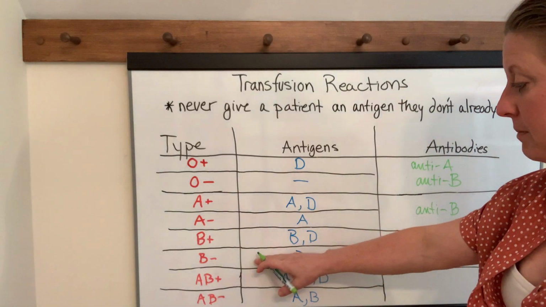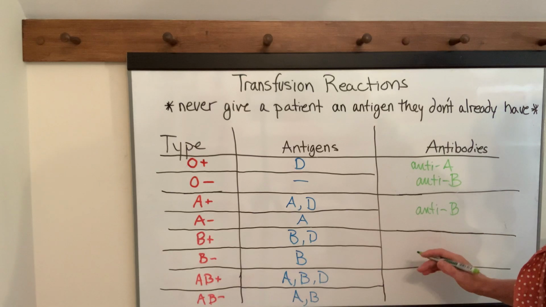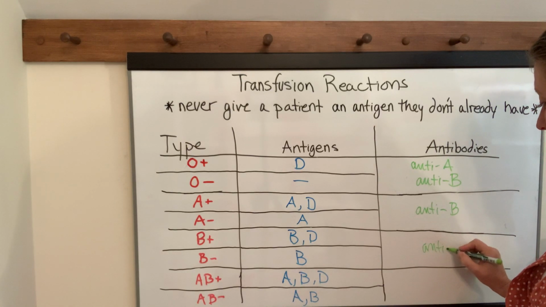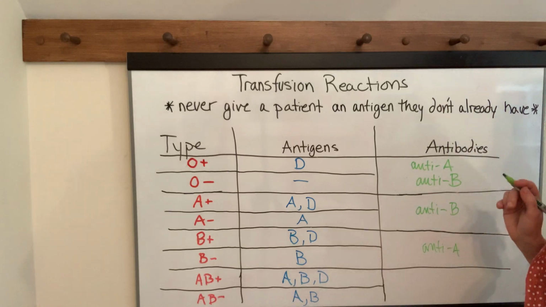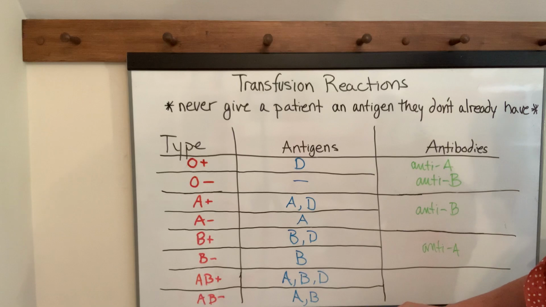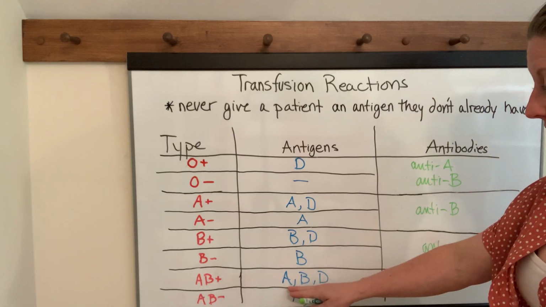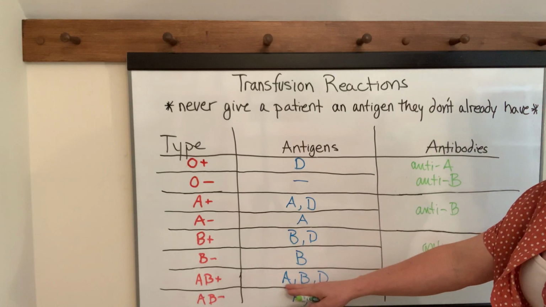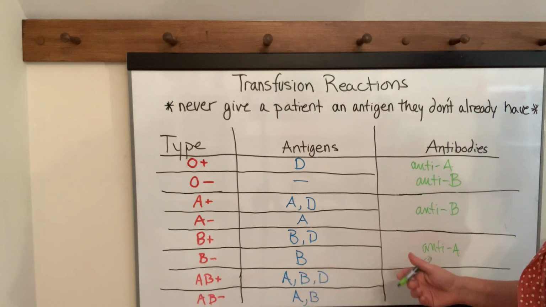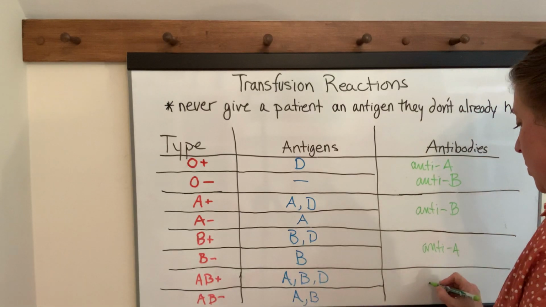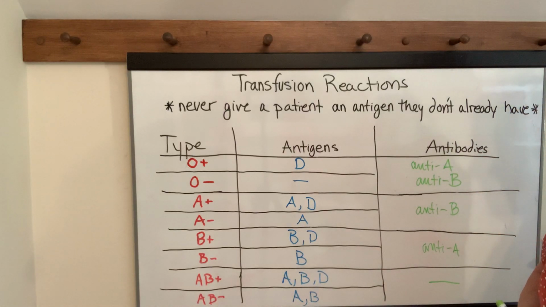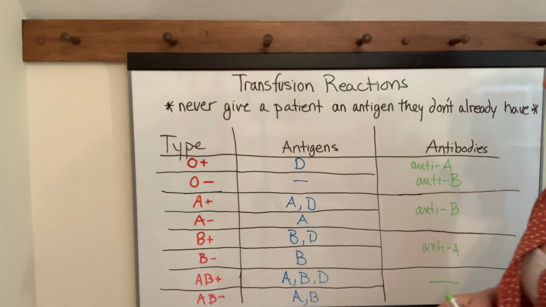Someone with a B blood type can't have anti-B, but they can have anti-A because there's no A antigen on their blood cells. And someone that has AB blood can't have the antibody A or antibody B because either of those antibodies would cause problems. So they have neither of those antibodies circulating in their bloodstream.